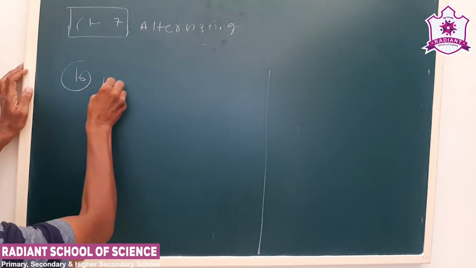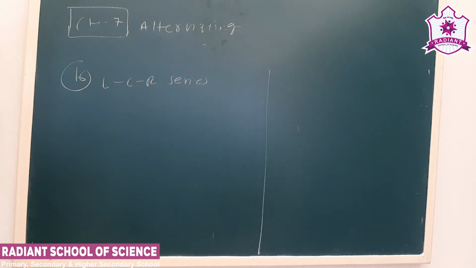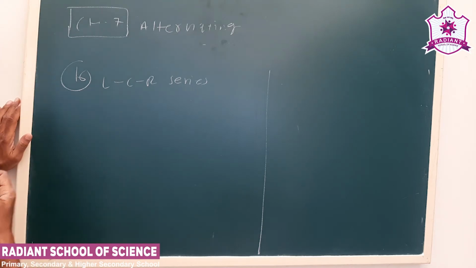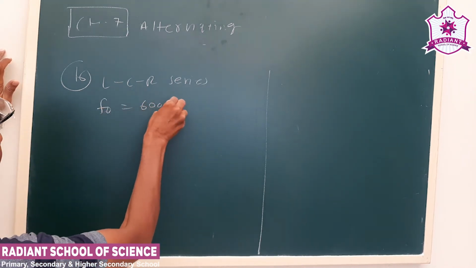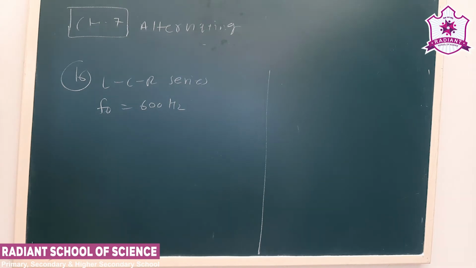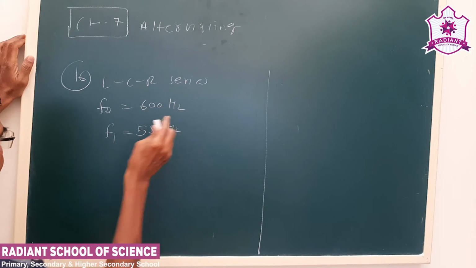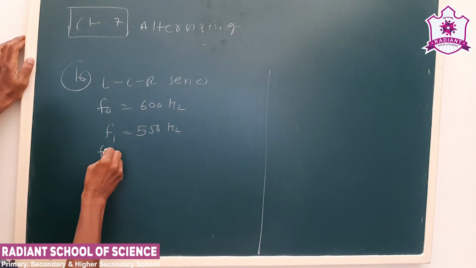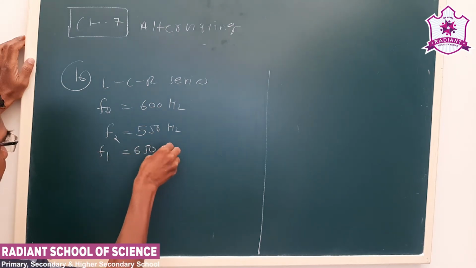Now in LCR circuit, okay, the resonance frequency F0 is 600 hertz. Okay, the frequencies on the half power bandwidth are F1 is 550 hertz and F2, the larger value, 650 hertz.